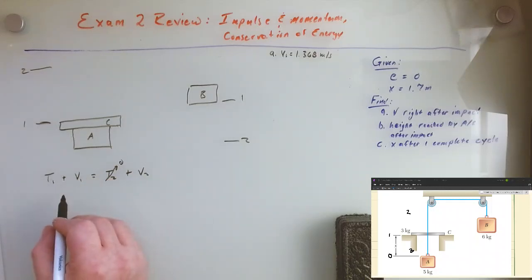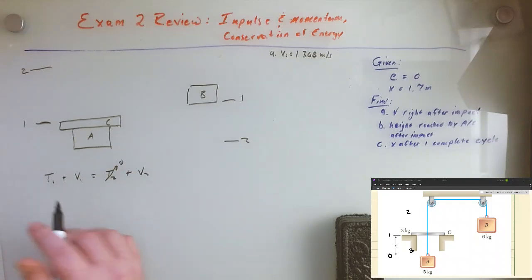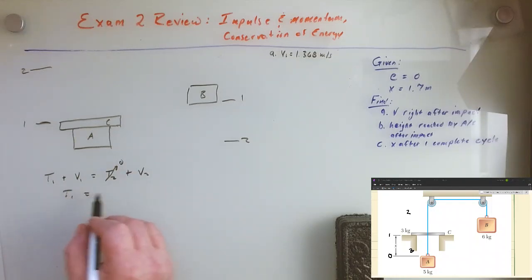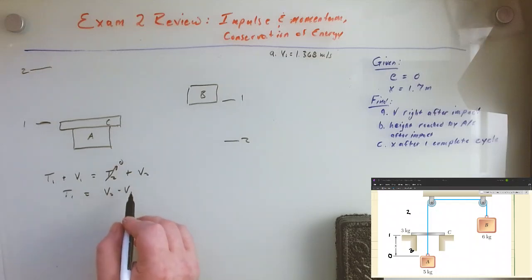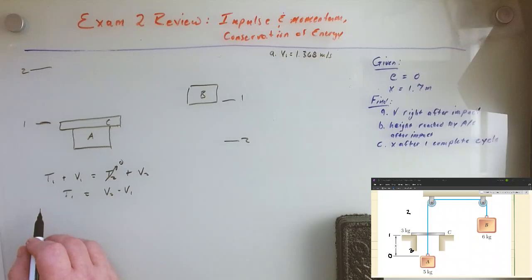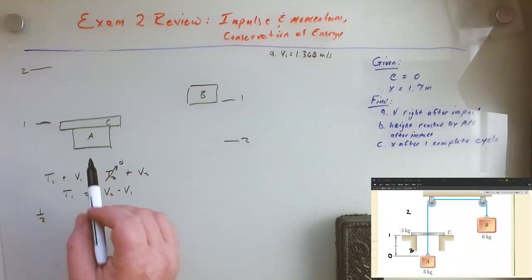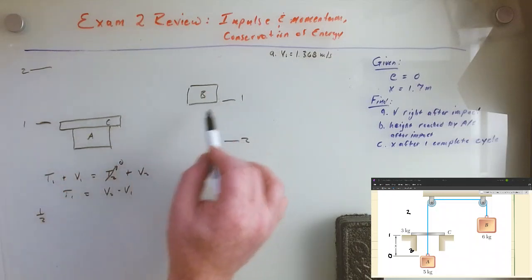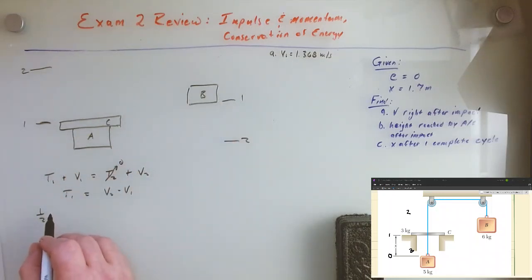So writing this, we have T1 equals V2 minus V1. And what is T1? T1 is 1/2 m v squared, and that is these m's and this m, so 1/2 of, I guess, 14 v squared. And which v? v1 squared. Okay, so 7 v1 squared.